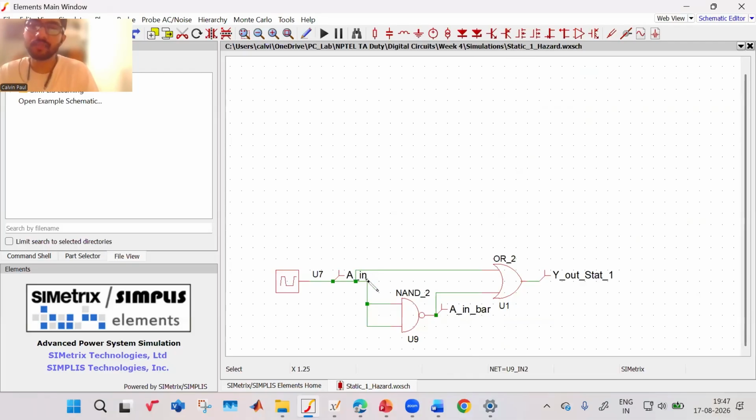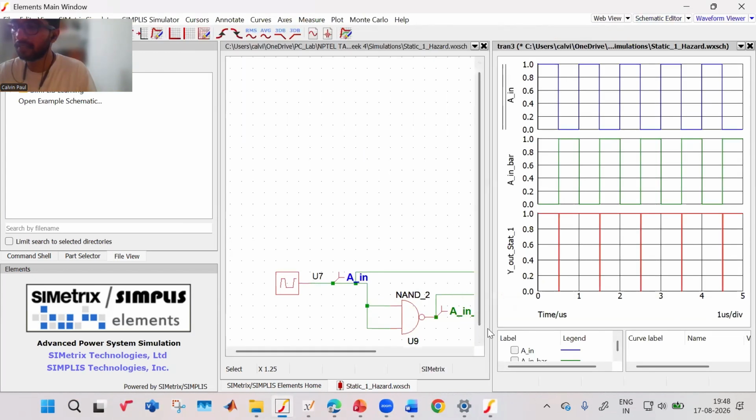This is A bar, and you're ORing it. So what should be the output of A or A bar? Yes, someone just said it: A or A bar should be 1. Very good. Thank you.